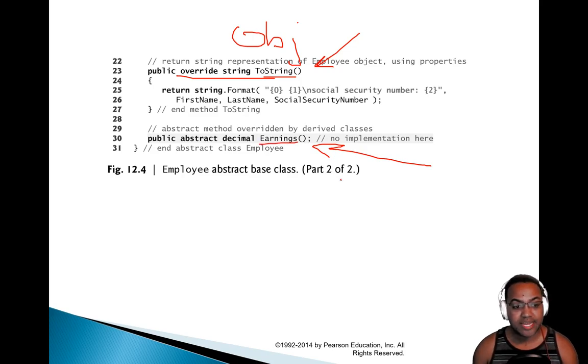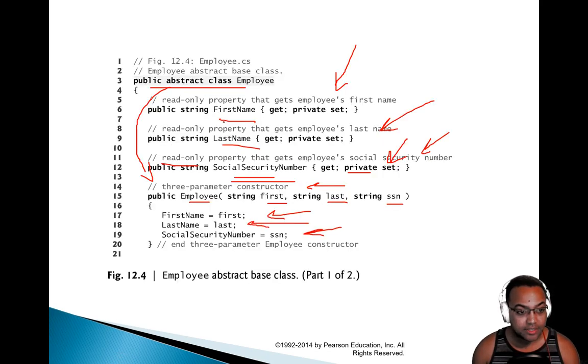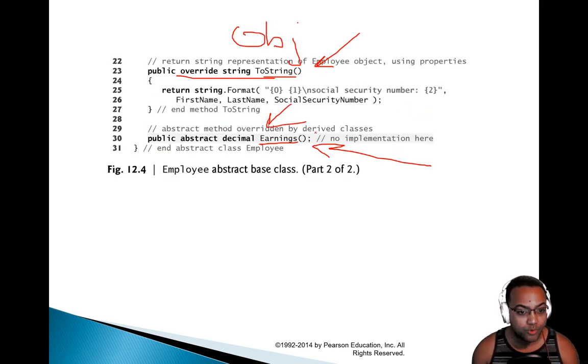Now, if you create an abstract method, you have to override that method everywhere. Every place that this abstract class is being used, every place that is the inheritor, has to have an overridden derived class. Everywhere.